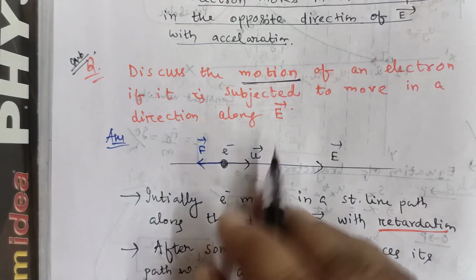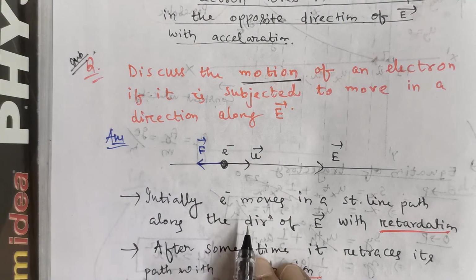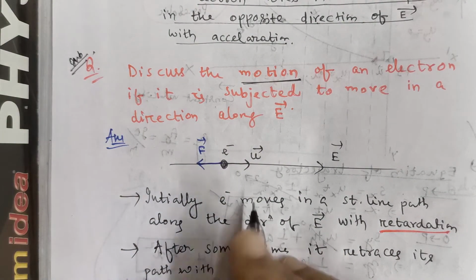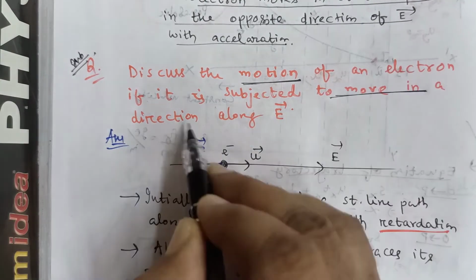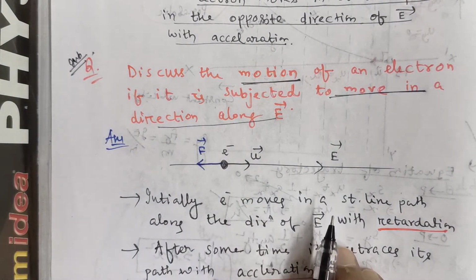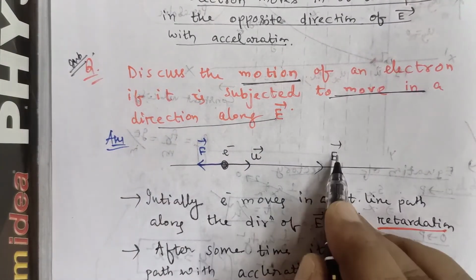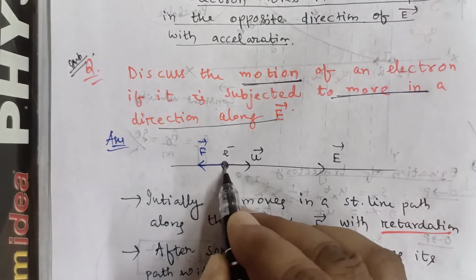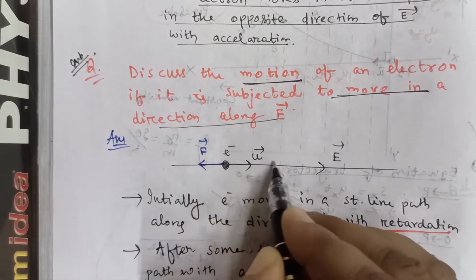We have to discuss where the electron will move, in which manner the electron will move, if it is subjected to move in the direction of the electric field. First, draw the lines of force: the electric field is left to right. The electron moves in a direction along the electric field.